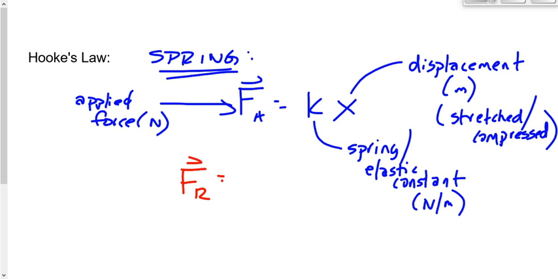The restoring force is equal to negative kx. Variables are exactly the same, except that you would expect the restoring force, the force that's pulling it back to its natural or equilibrium position, to be opposite to the force that you have to apply. As you pull it further, the spring pulls back harder. As you pull it a little less, the spring pulls back a little less.